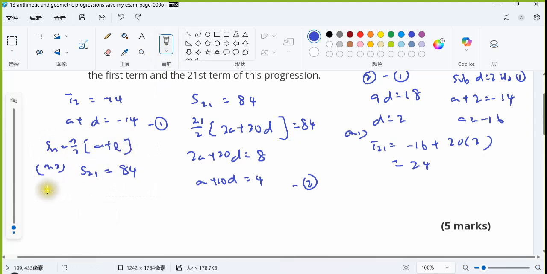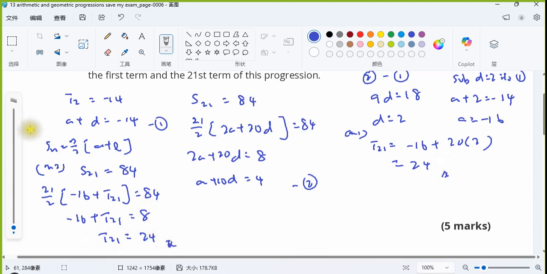So 21 over 2, a is negative 16 plus the last term, the 21st term, S21 is 84. Then negative 16 plus the 21st term will be this one times 2 divided by 21, which is 8. Then the 21st term will be 24. Yes, we get the same answer also.